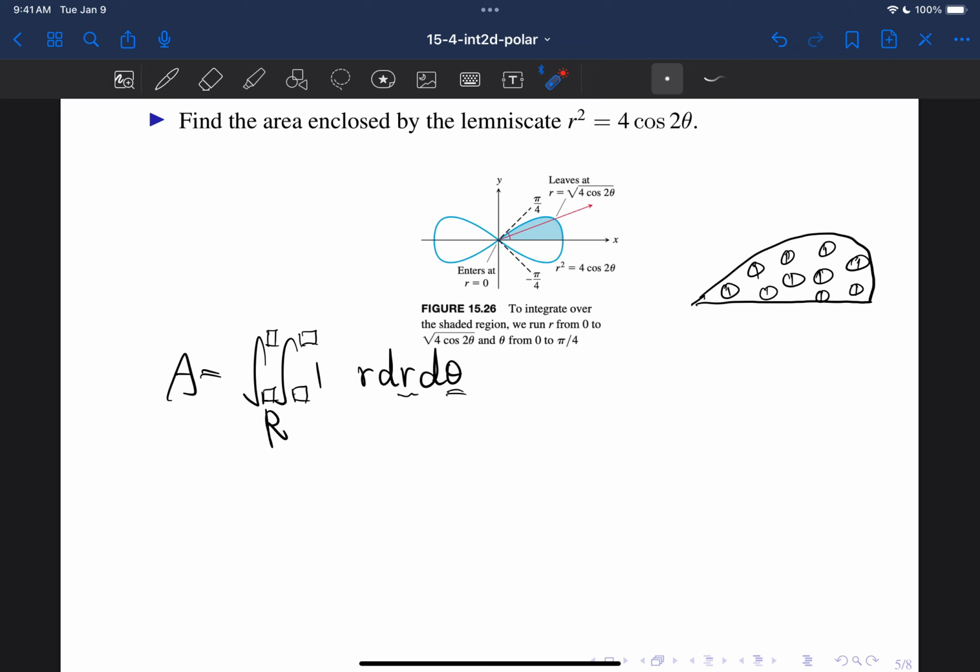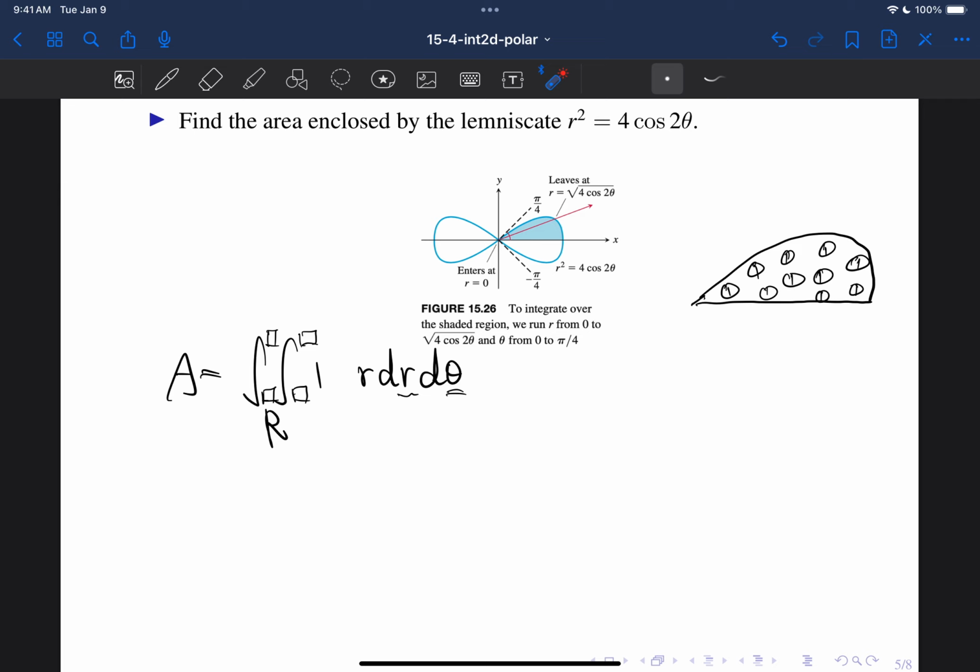Originally, Fubini's theorem tells us you can either go horizontally, which is dx, from bottom to top, dx dy, or you can go vertically to collect everything from left to right, which is dy dx.